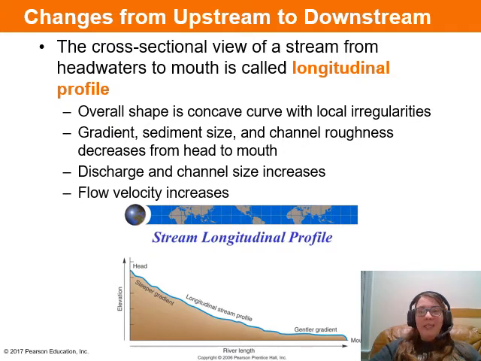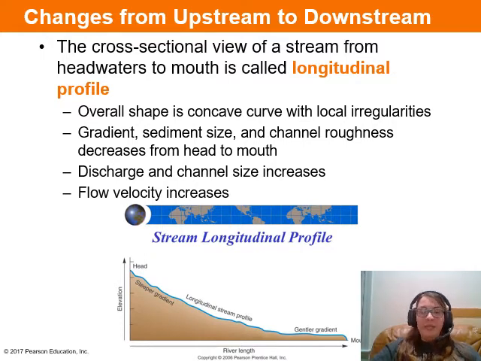But we're going to see that different factors of our river are going to change as we look at different areas of the stream. So for this class, I just want to focus on the differences between the headwaters, where it starts, and the mouth, where it ends, because these are the two extremes of our different parts of our river systems.